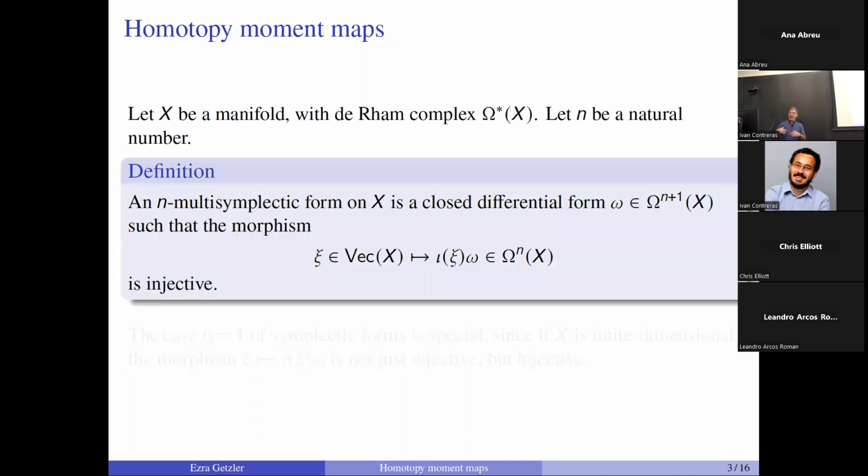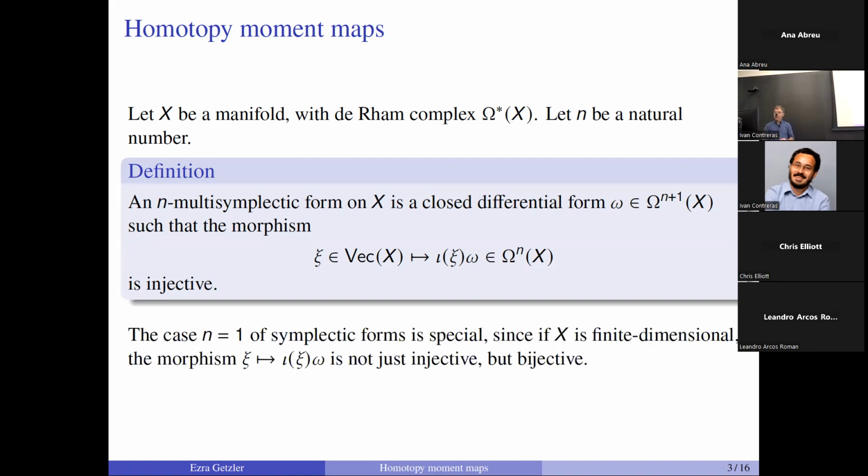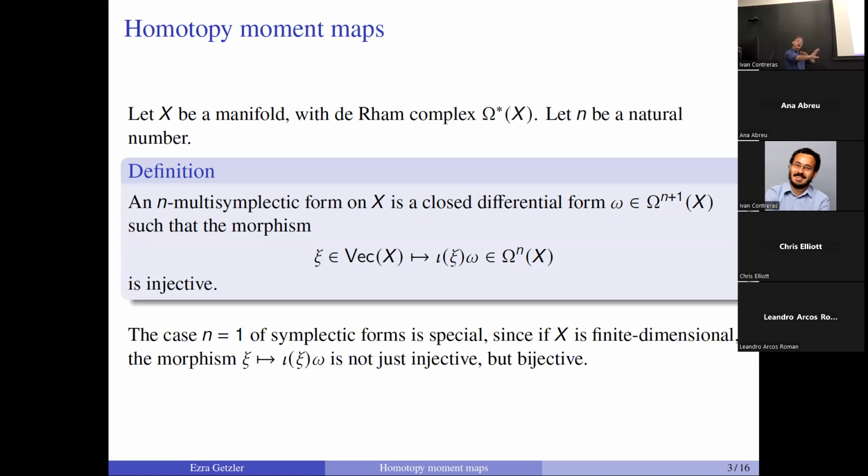An n multisymplectic form is just a closed n+1 form such that the contraction with vector fields has no kernel. Incidentally, the Hamiltonian vector fields are the ones such that the contraction with this n+1 form is an exact n form. And then the momentum in the most naive sense is just an n-1 form.